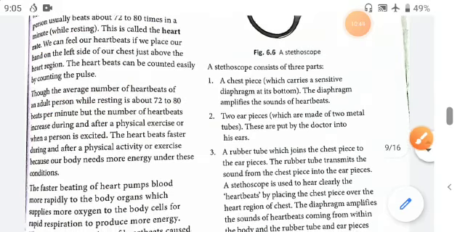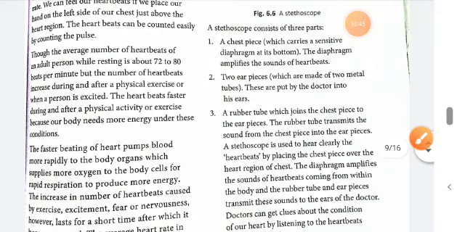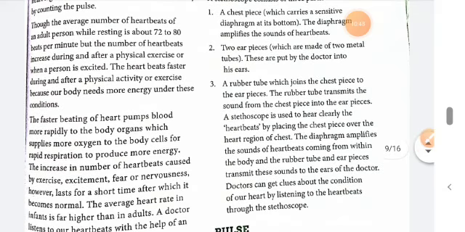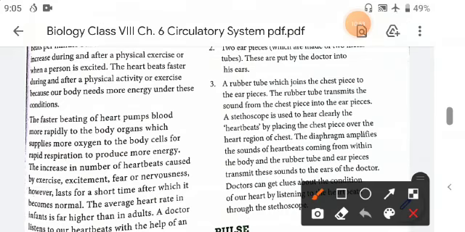The heart beats faster during and after a physical activity or exercise because our body needs more energy under these conditions.